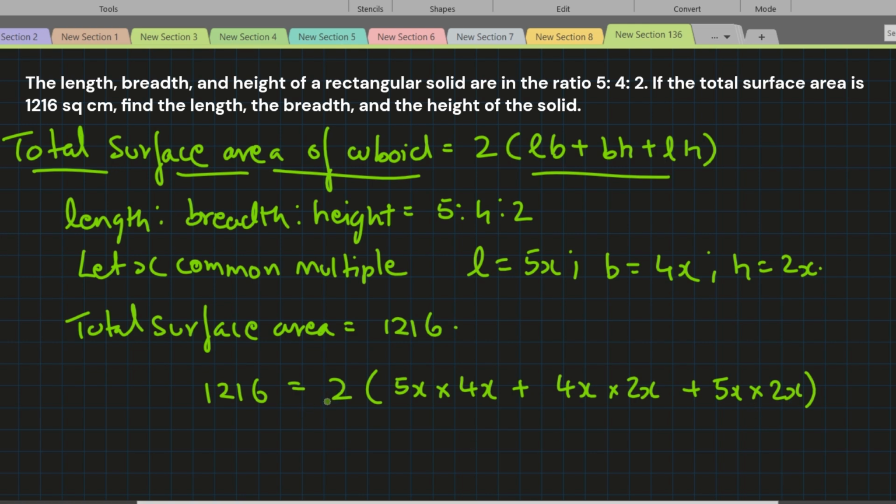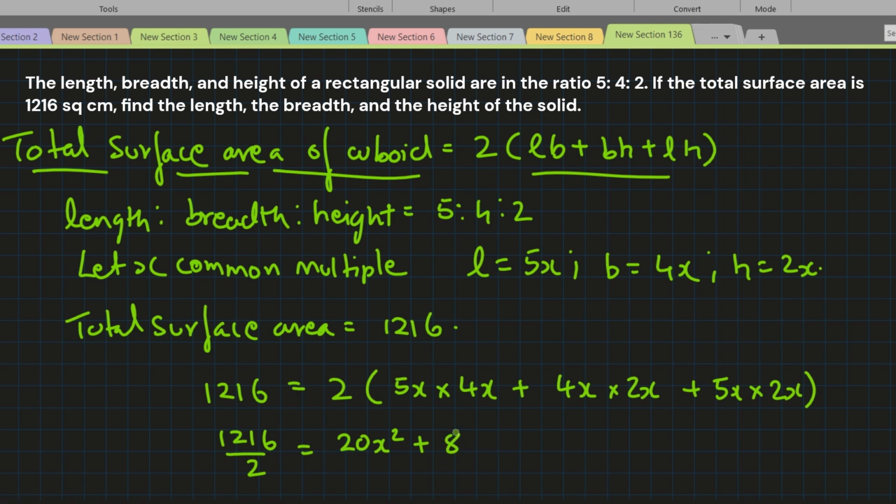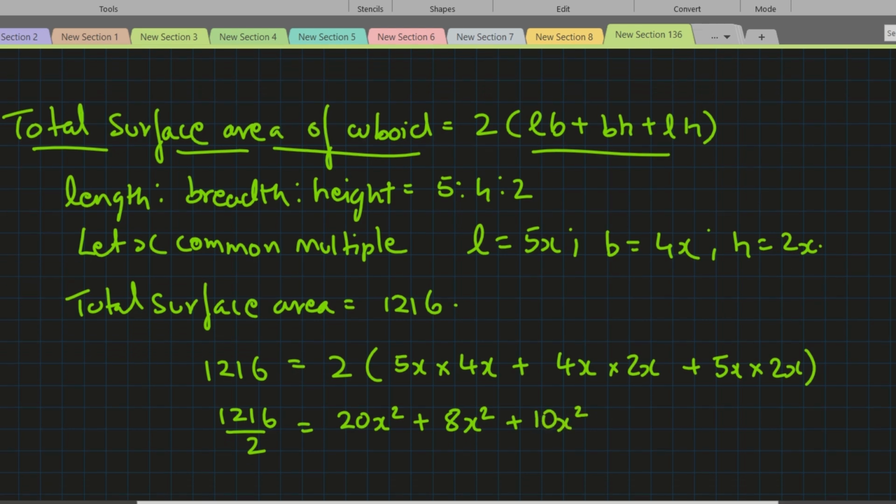So we can divide 1216 by 2 and we'll solve this bracket. We get 20x square plus 8x square plus 10x square. We'll add all of them.